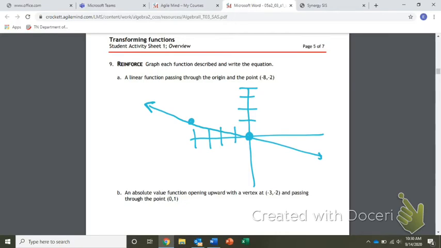Now, our equation, we just said that our slope was 1 over 4x, and my y-intercept is just 0. So you can write 0, or you can just say 1 over 4x. Okay?